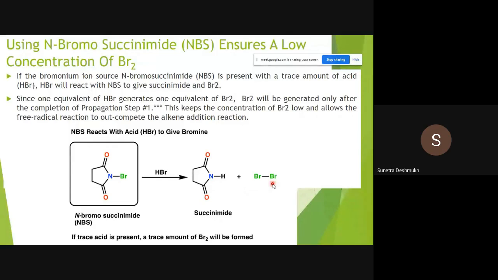If you pay attention, the concentration of this Br2 getting prepared in that flask might be very low. Instead of adding Br2 directly, note that Br2 is a very reactive substance.